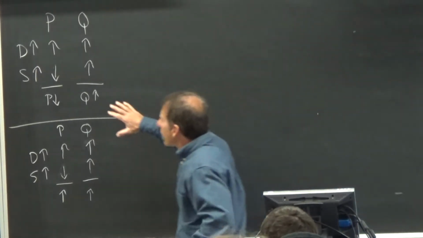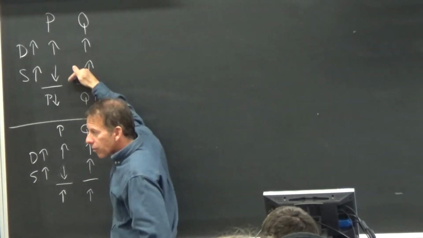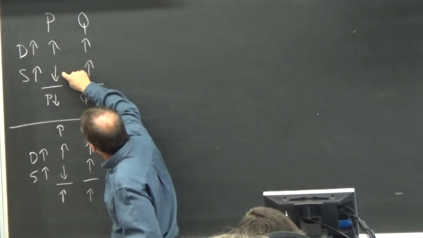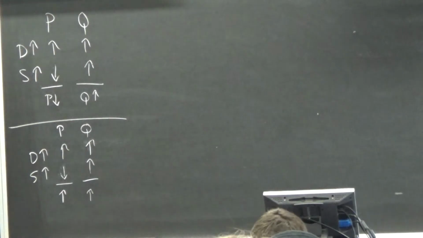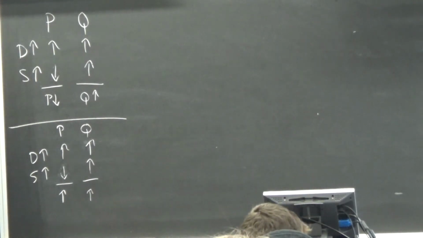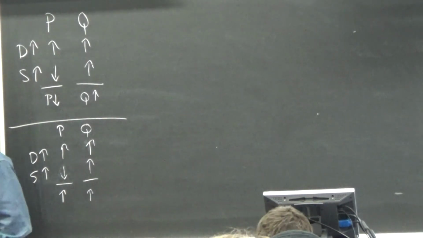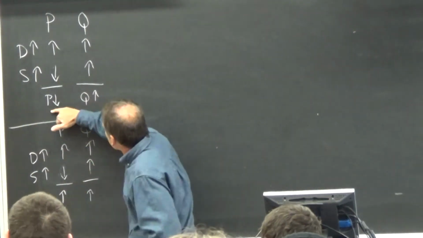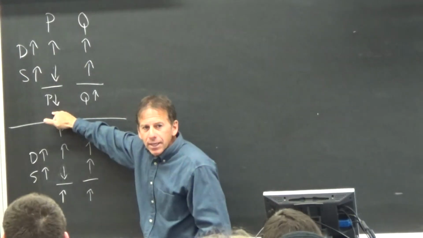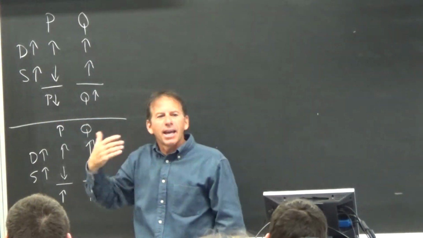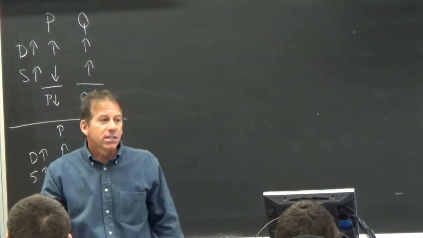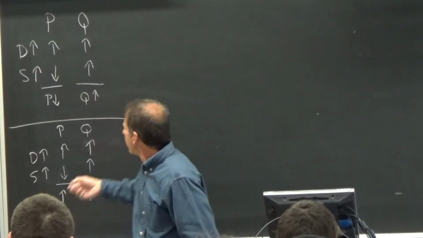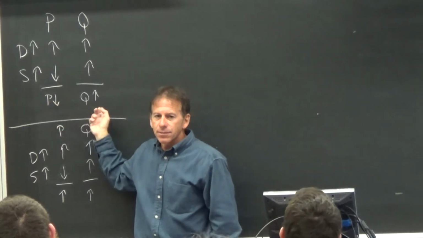The best way to solve the problems is to put the arrows up and look, and if they're going in opposite directions, like here, then it's uncertain. If they go in the same direction, then you know. The only way you'll know for sure is if I say demand shifts by more than the supply, or supply shifts by more than the demand, or I say the end result is this.